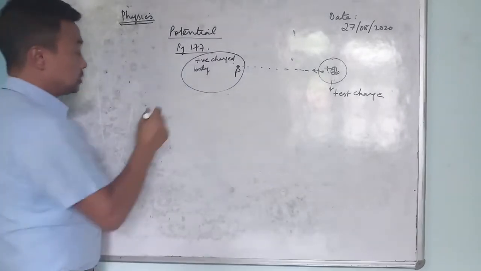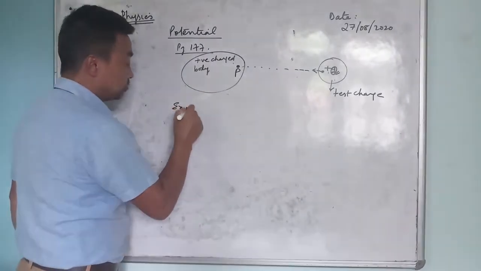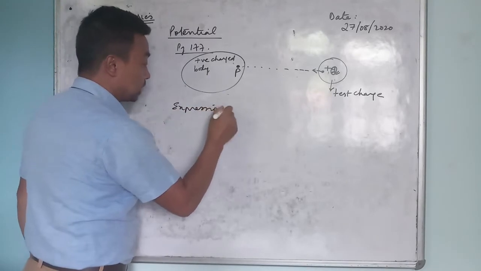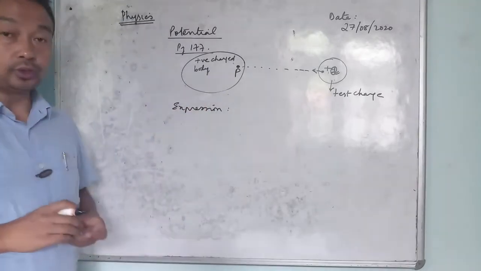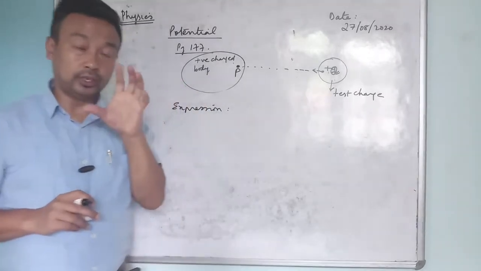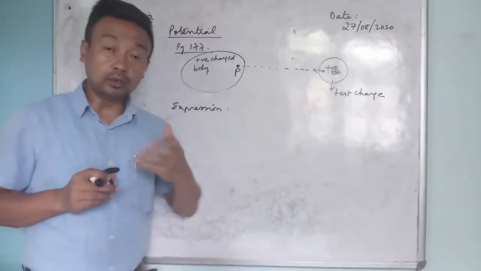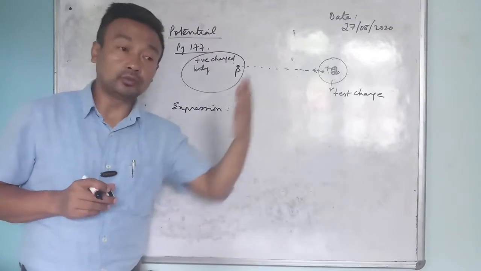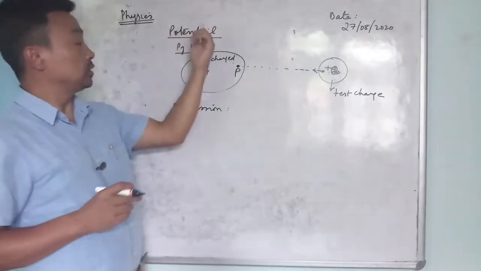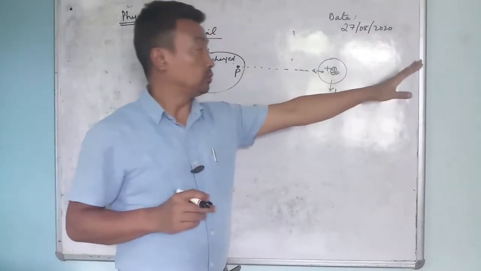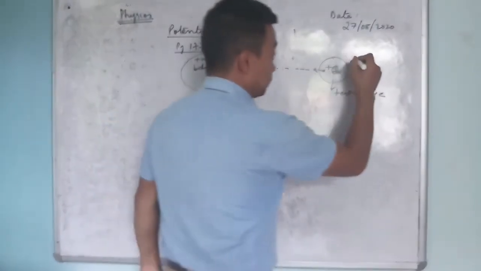The expression for the potential is quite simple now. So we have understood the concept. In the potential, the key point you have to keep in mind is work done, when you carry a charge from one point to another. So in the potential, what is the first point? The first point is infinity. It is coming from infinity.